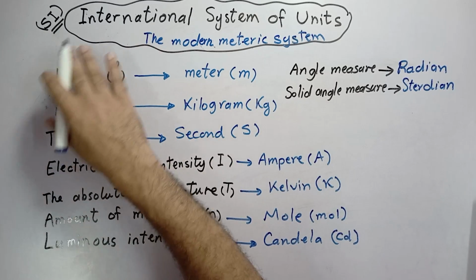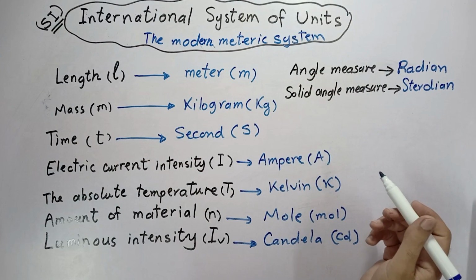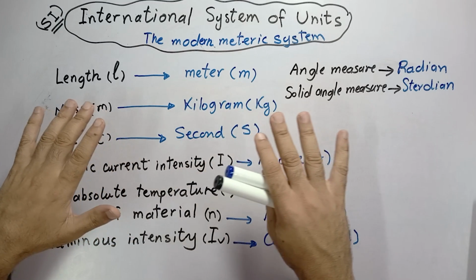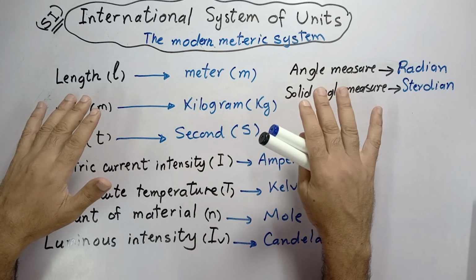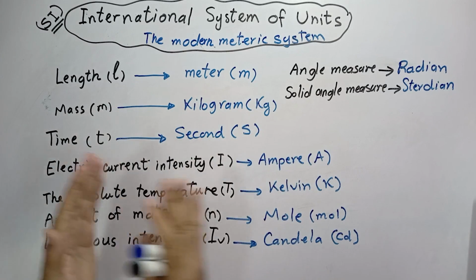Now, the International System of Units has 9 units. Nowadays, the International System of Units is used in all the scientific fields, all over the world, okay?